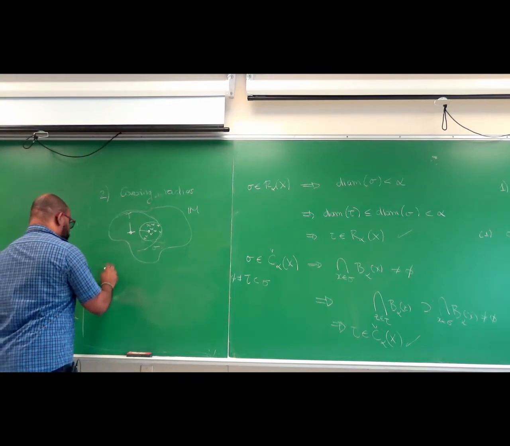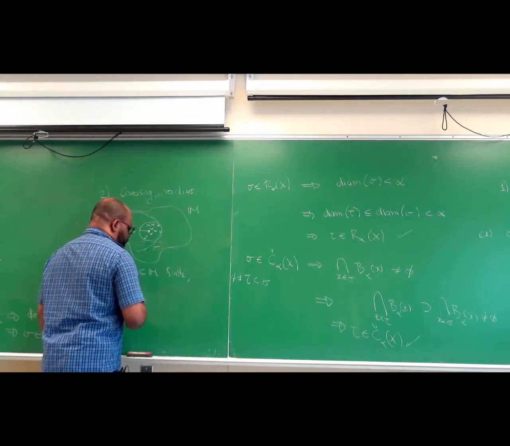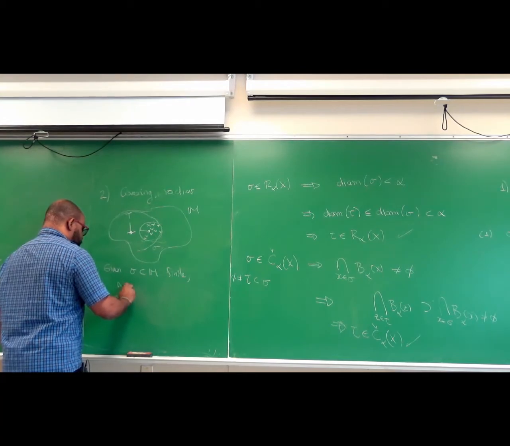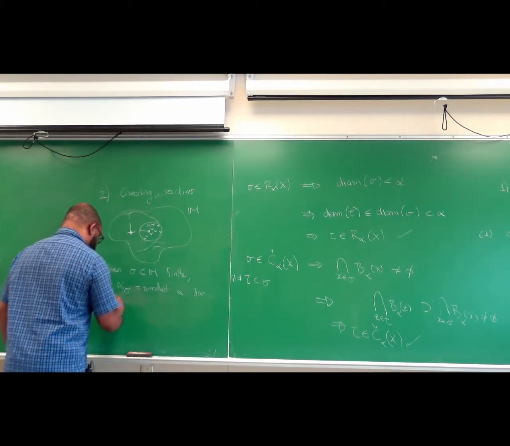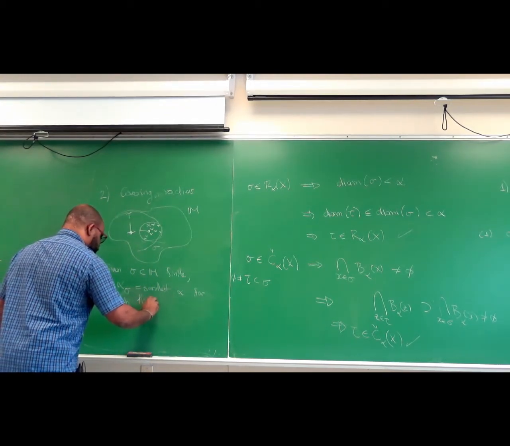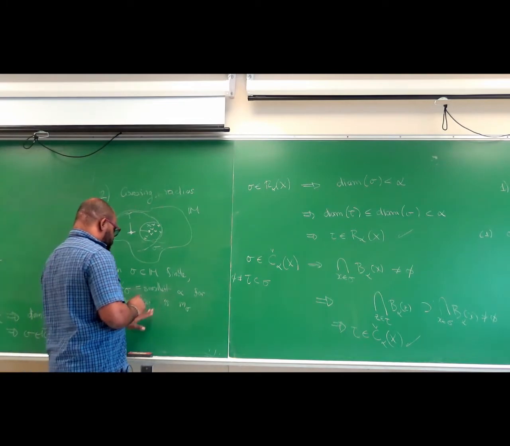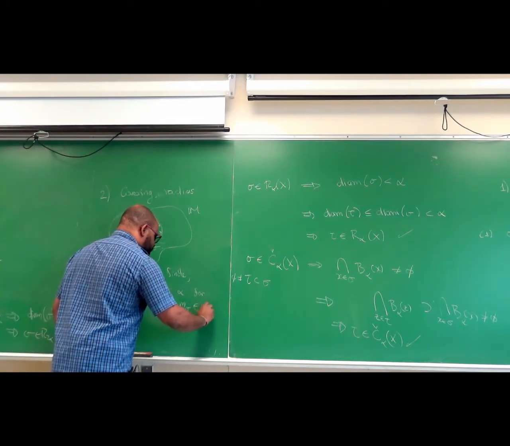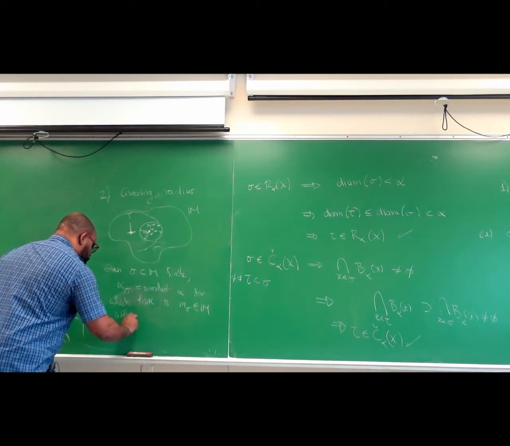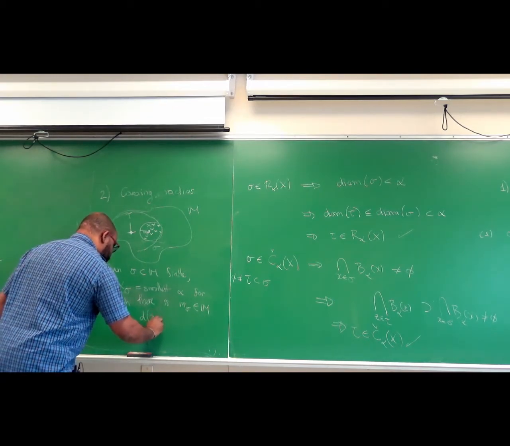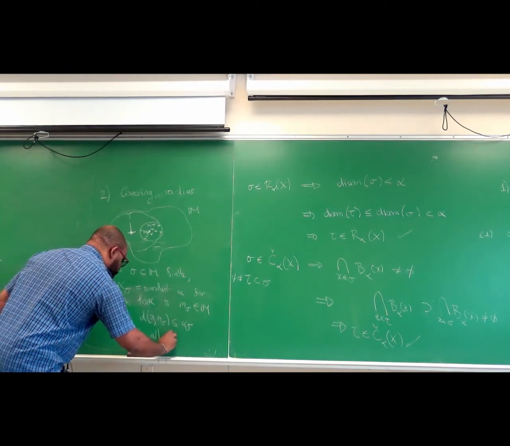So, given sigma in M finite, its covering radius is the smallest alpha for which there is some point in M, this is the center, M sigma, with the distance between x and M sigma being less than or equal to alpha for all x in sigma.